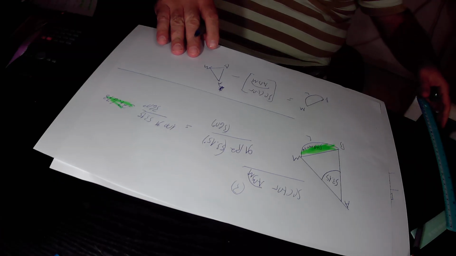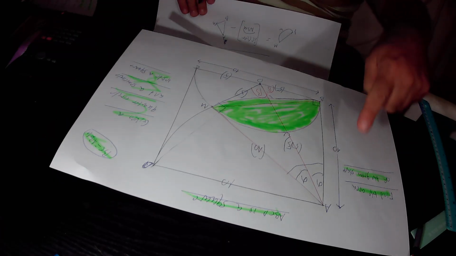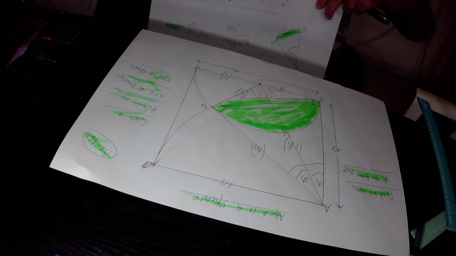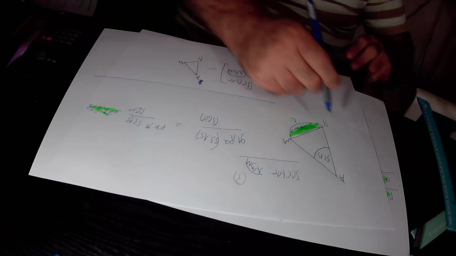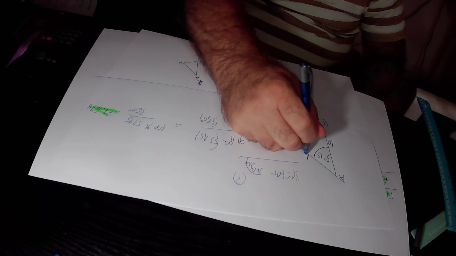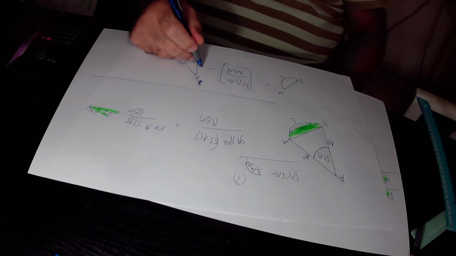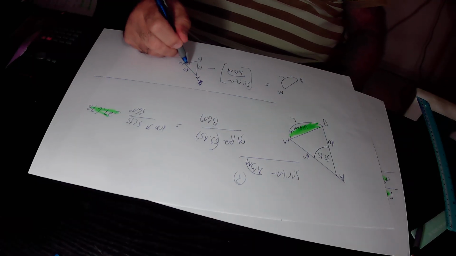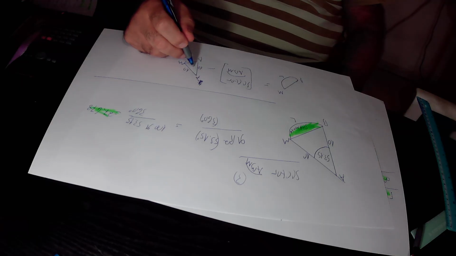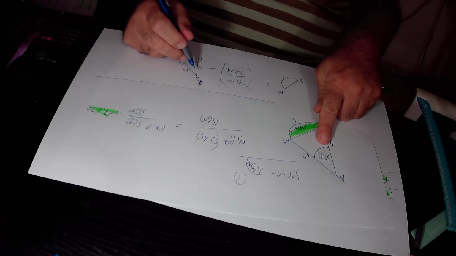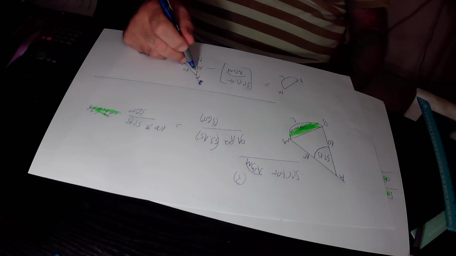We know that AB equals AM equals 10. Side AB equals 10, side AM equals 10, and the angle here is 53.15 degrees.